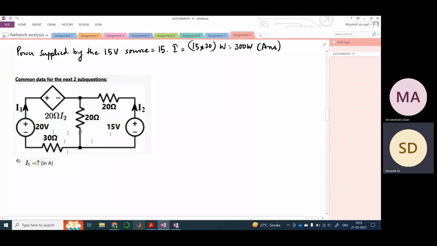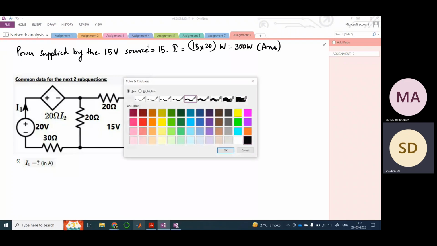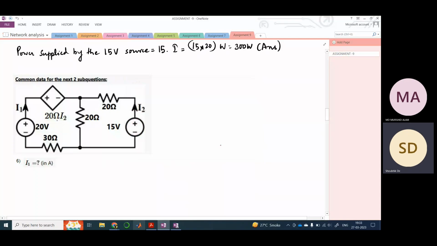So there would be two meshes, mesh 1 and mesh 2, right? So let me just use a different color to highlight the current. So in this mesh, let us consider that the current that is flowing through this is I1, and this would be equal to capital I1 only. Why? Because you see that through this path only I1 is flowing.